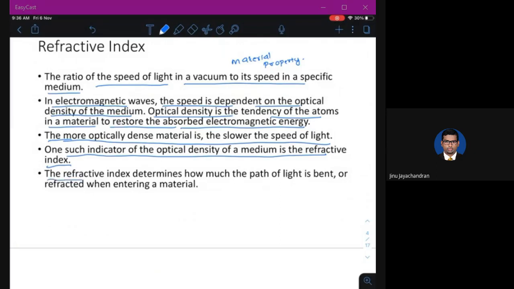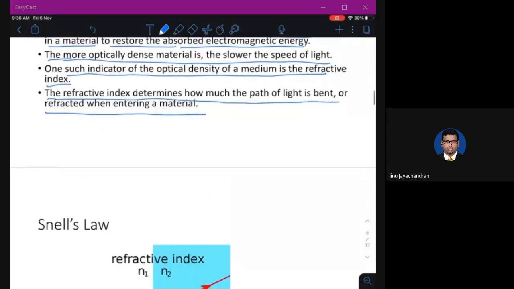The refractive index determines how much the path of light is bent or refracted when entering the material. So when light travels into the material, because of the refractive index or the optical density of the medium, there will be absorption of the light, and the path of the light will be bent once it enters and leaves the medium. Okay, so that's a measure.